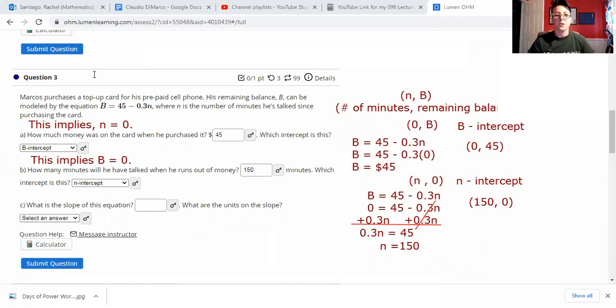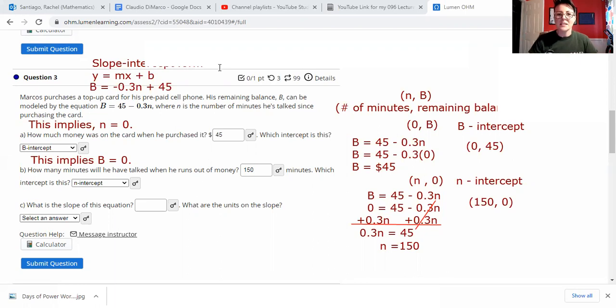Okay, first, let me write down that slope-intercept form is y is equal to mx plus b. The equation that we were provided is just in the reverse order, but the slope-intercept form is there. So check this out. Directly underneath, I'm going to write the equation that we have below, just in descending order. So notice what I have. B is equal to negative 0.3n plus 45.